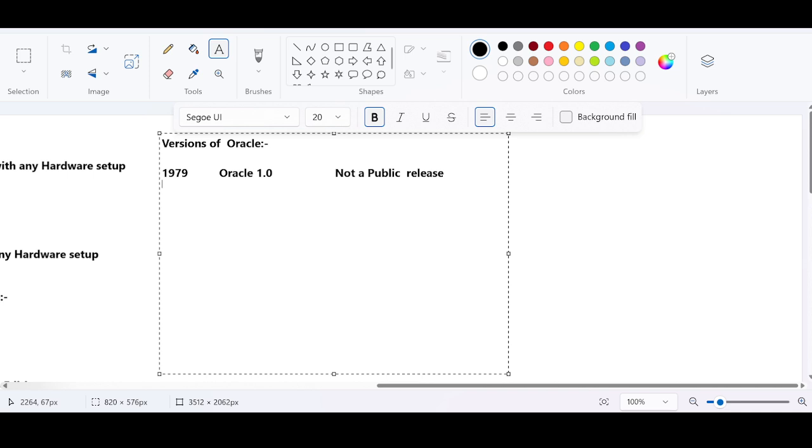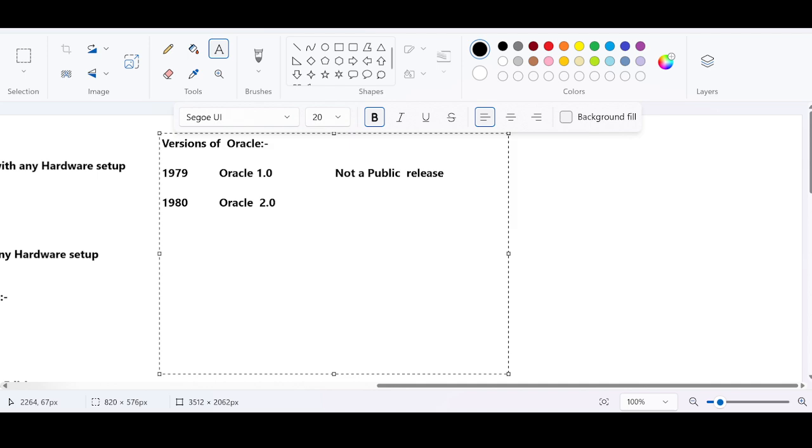In the 1980s, especially in the year 1980, they upgraded the version from 1.0 to Oracle 2.0, 2.2. This is the very first public release, and it is completely commercialized. They released this with some basic SQL functionalities.